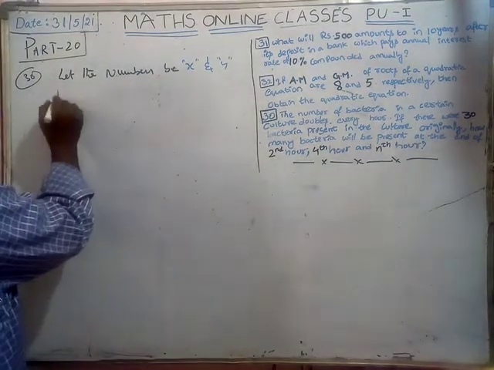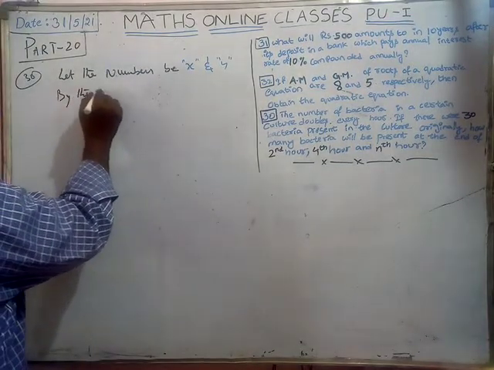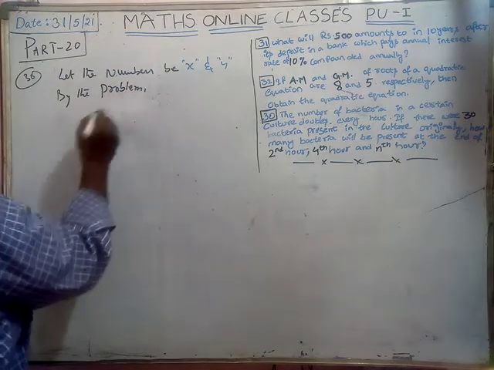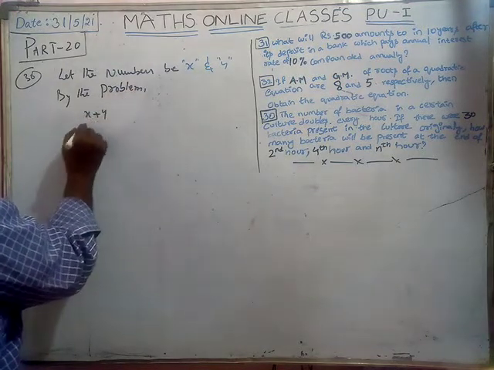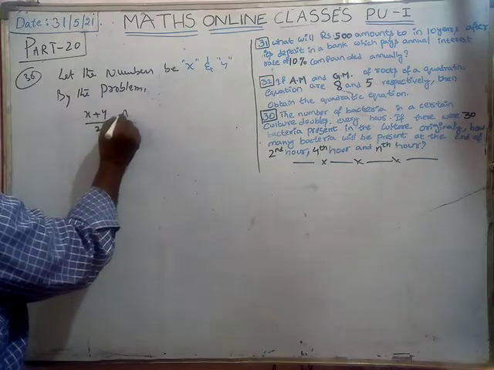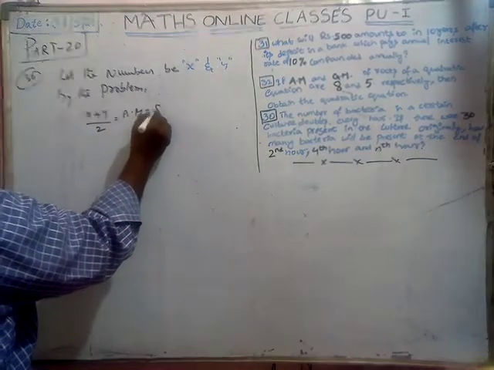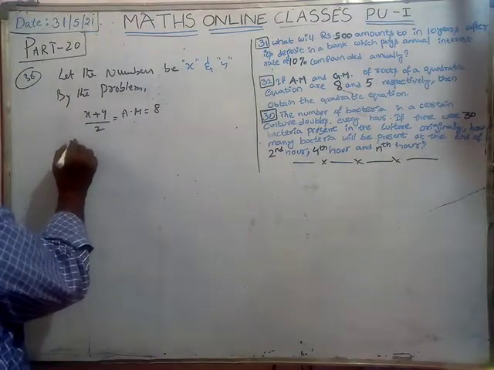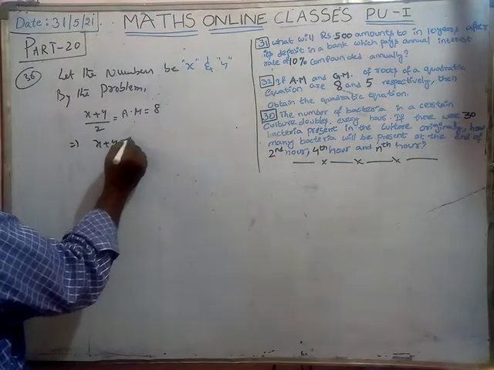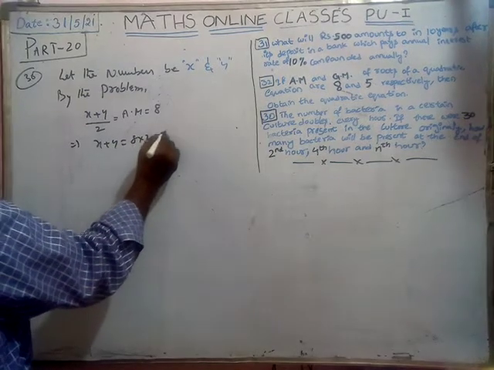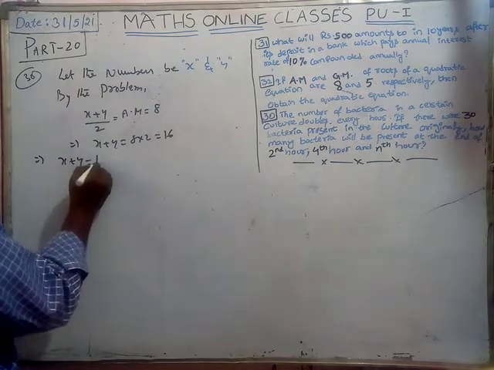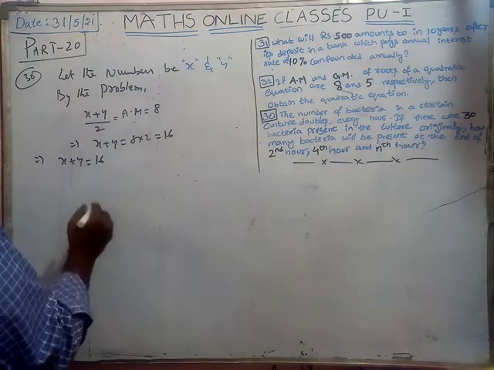By the problem, (x plus y) by 2 is equal to AM, that is equal to 8, given in the problem. That implies x plus y is equal to 8 into 2, which is 16. So x plus y is equal to 16.